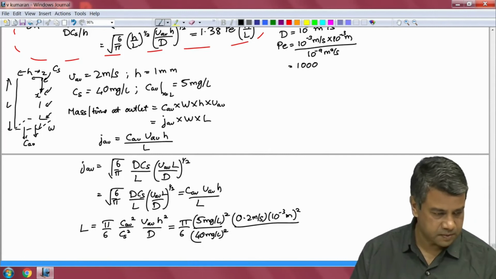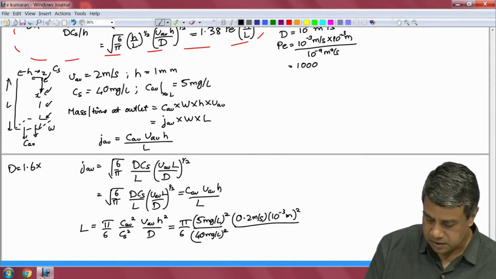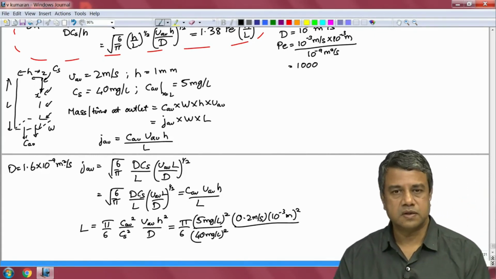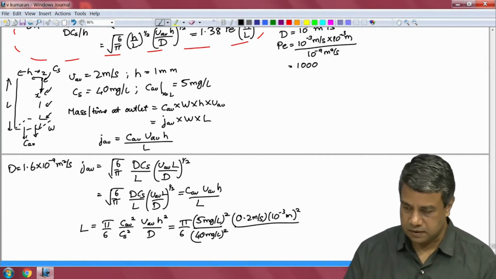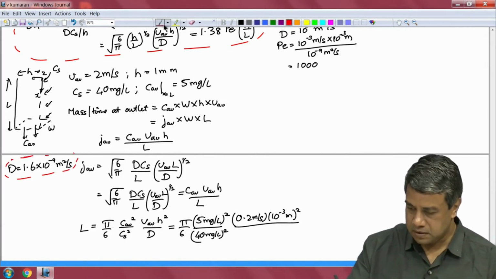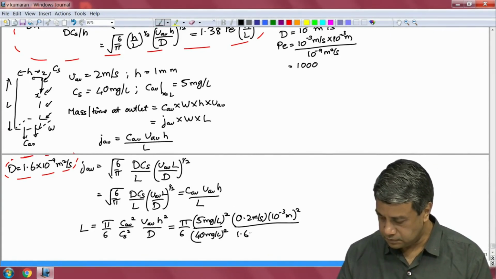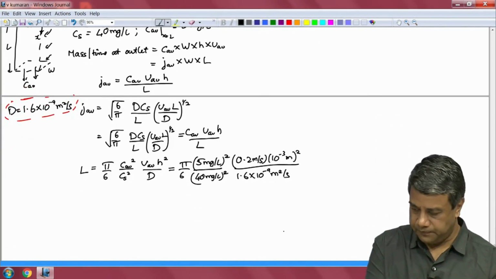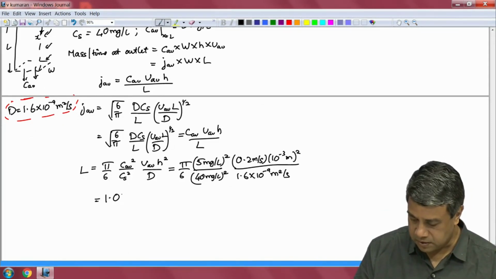In this particular case, the diffusion coefficient is equal to 1.6 into 10 power minus 9 meter square per second. I told you that diffusion coefficient for small molecules in liquids is of the order of 10 power minus 9 meter square per second. And finally, the result that you will get is the height is about 1.02 meters.